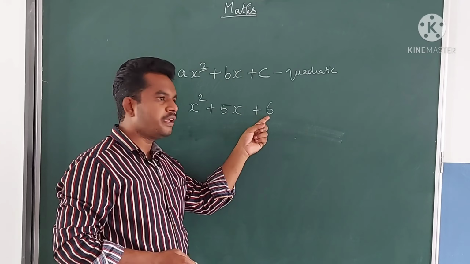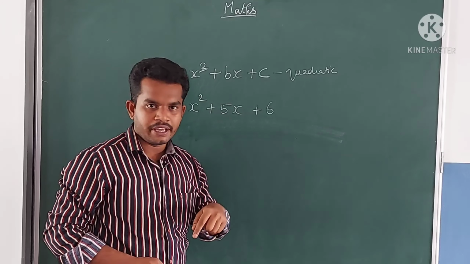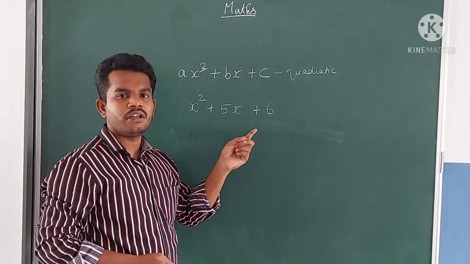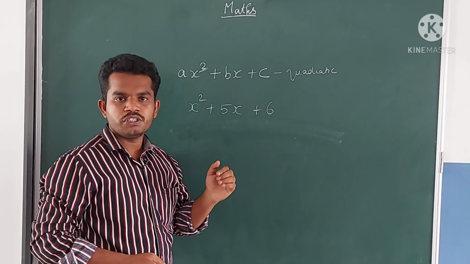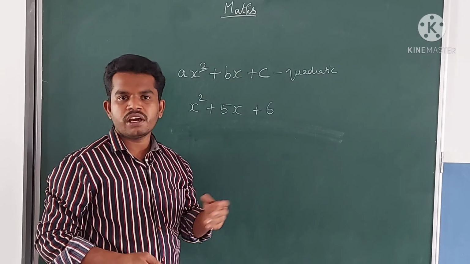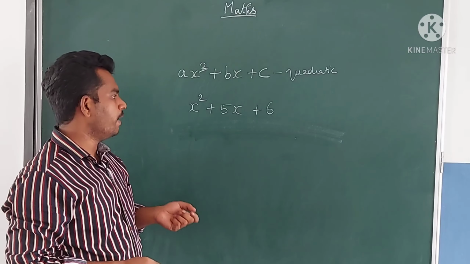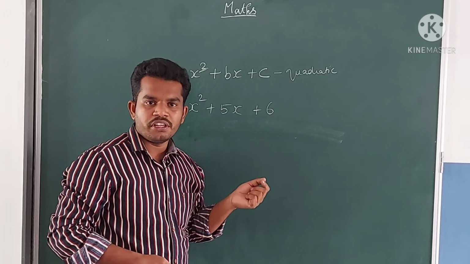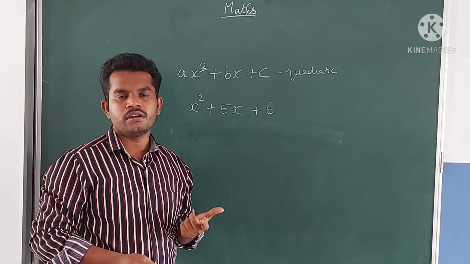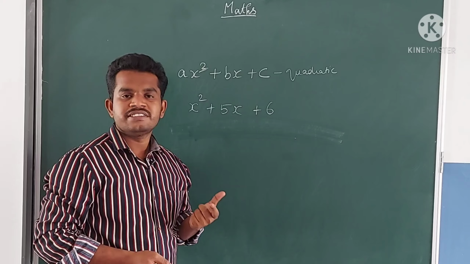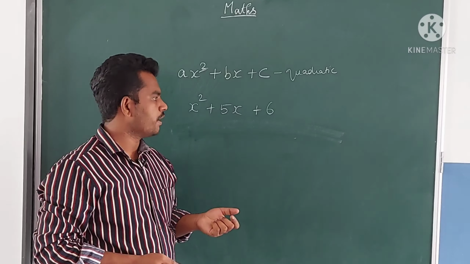If the last term is a square number, you should go with which identity? a plus b whole square or a minus b whole square. But 6 is not a square number.